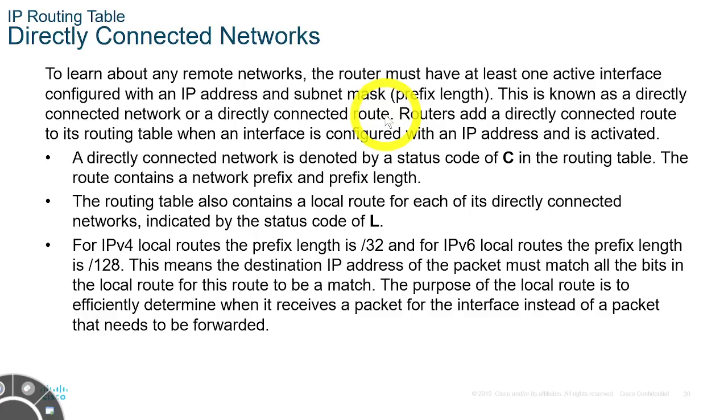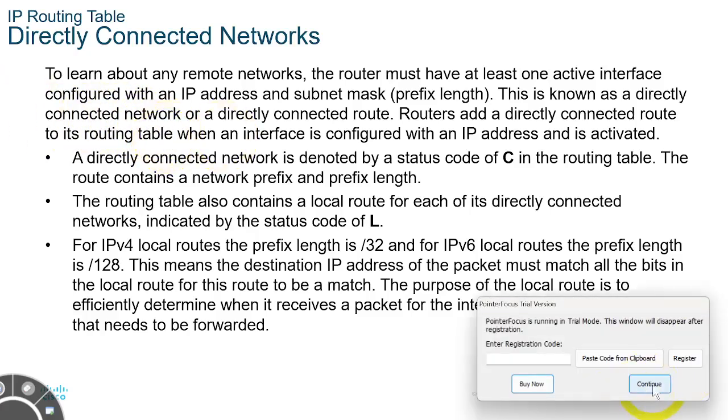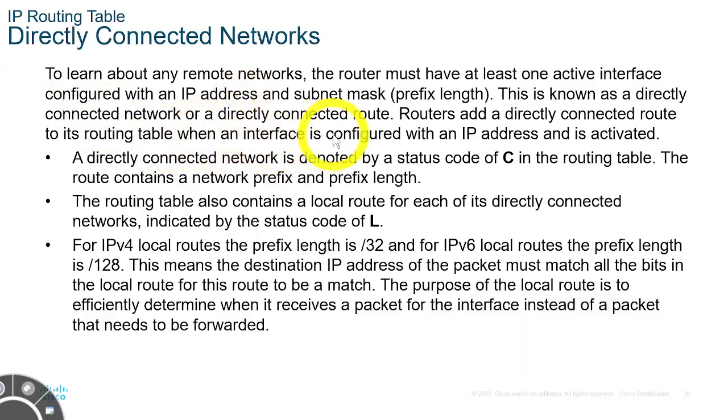Why is this important? Because the router should receive some information from other routers. So routers add a directly connected route to the routing table when an interface is configured with an IP address and is activated.